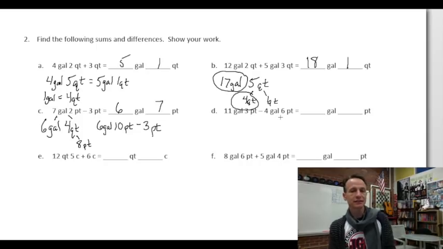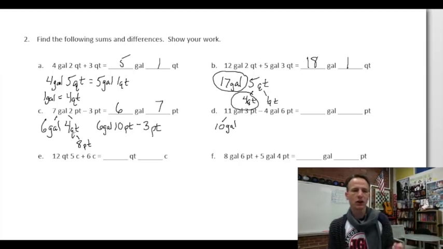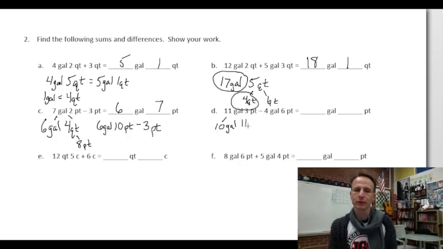Now here, notice, is a very similar idea. We can't do 3 pints minus 6 pints, so we're going to decompose. The only difference here, besides the numbers being different, is that we have the 4 gallons over here, but that really doesn't change anything. So 10 of these gallons we're going to leave alone. And we already know we can do the in-between step in our heads, because we already know that one of those gallons is 4 quarts, which is 8 pints, plus the 3 pints we have there already is 11 pints.